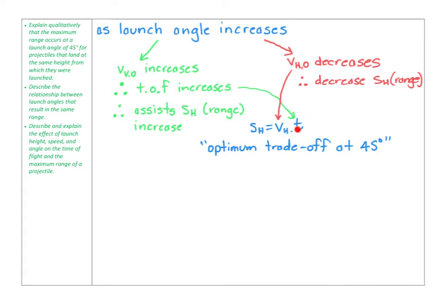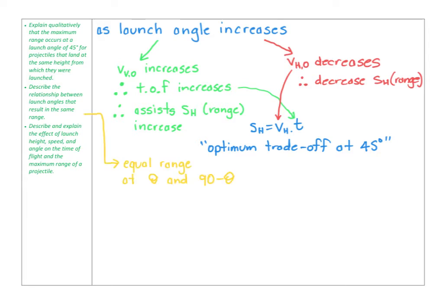So if time is increasing, that helps the range increase. But as the launch angle increases, the horizontal component of the velocity decreases, and that causes a decrease in the range. So you've got these two competing effects, and that optimum trade-off, at least in terms of range, occurs at 45 degrees.